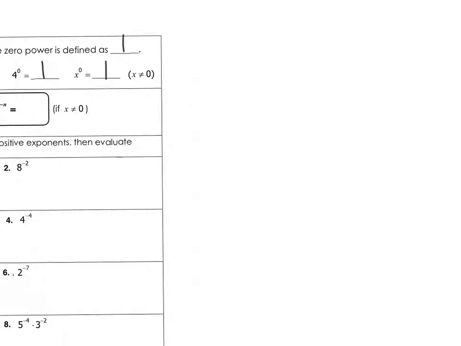So if we start thinking about x to the third over, say, x to the third, what that actually means is I have x times x times x over x times x times x, and when you have a number divided by itself, they basically cancel each other out.